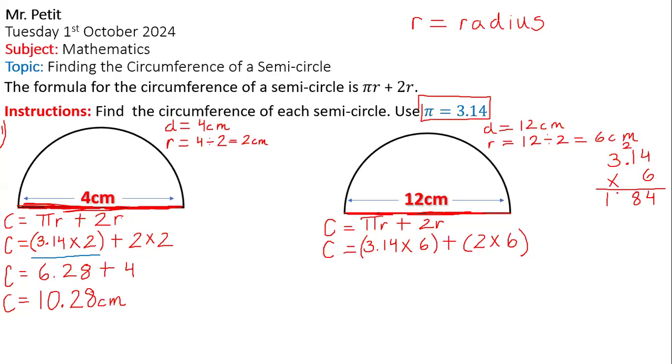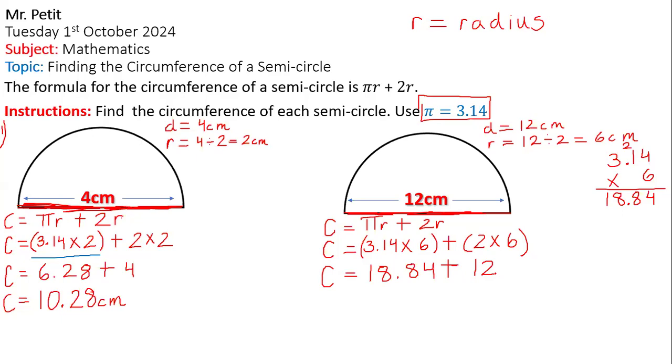So it's going to be 18.84. So C is equal to 18.84. What is 2 times 6? 2 times 6 is 12. Very good.